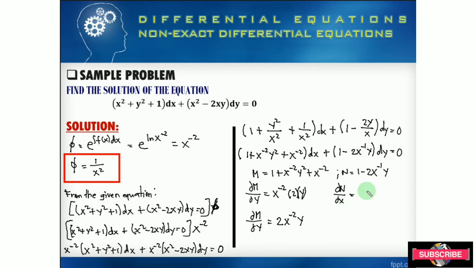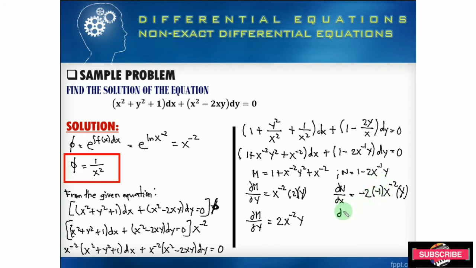So this is 0, and for this term we have negative 2 times x raised to negative 1 minus 1, so negative 2, and then we have this y here.